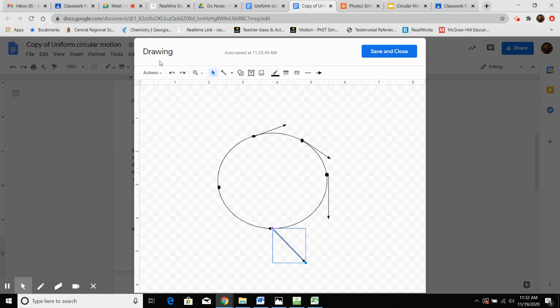oops, got something I didn't want there, so I'm going to hit undo. Go back for my little arrow thing. And then my final dot.